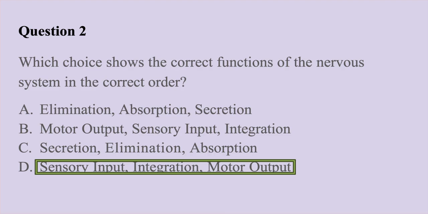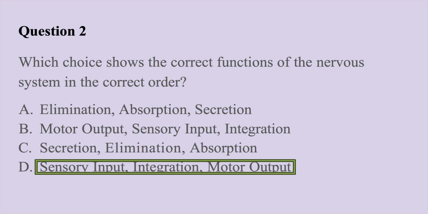So choice A says elimination, absorption, and secretion. These are functions of the digestive system, which is, again, a completely different system. Then we have motor output, sensory input, integration. Again, these are the right functions, but in the wrong order.